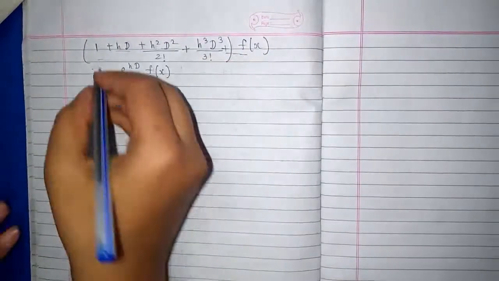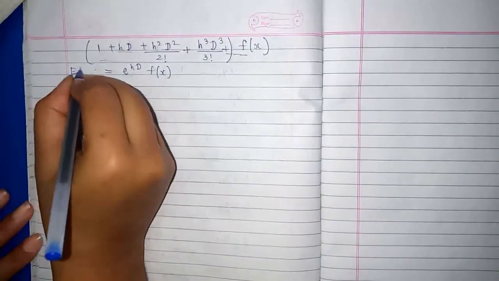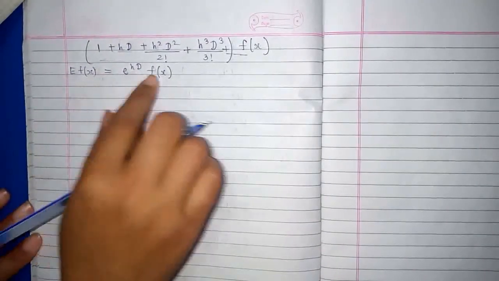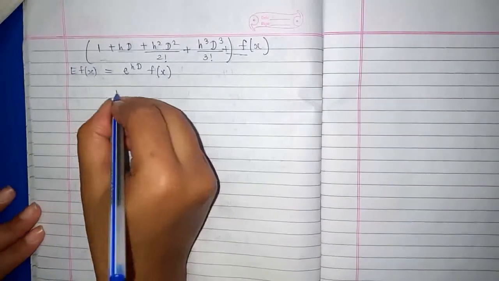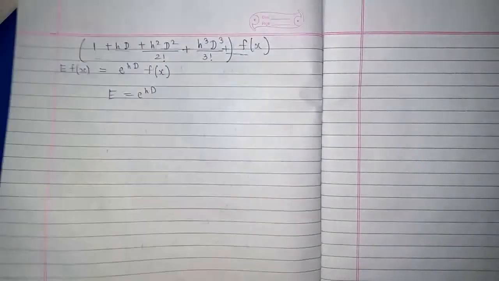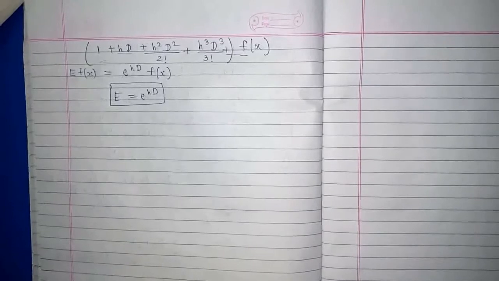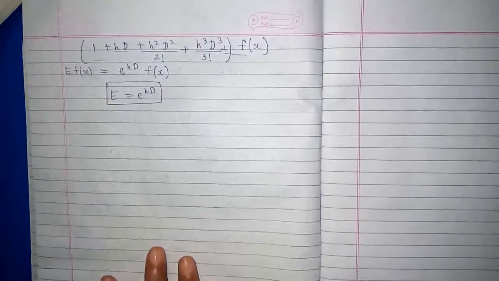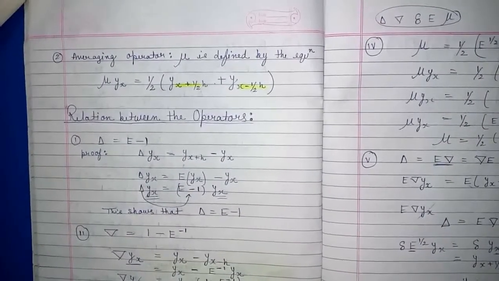So this is all about operators. Here we have written efx with the help of this. So this is the all about operators, means E has become E to the power hd. So there are 6 relations total. This one is our 6th relation. So in total we have studied 6 relations with all operators. You can find out some more relations also.